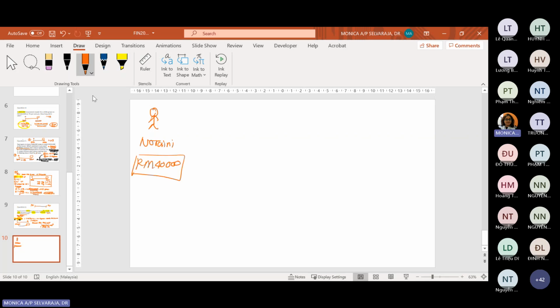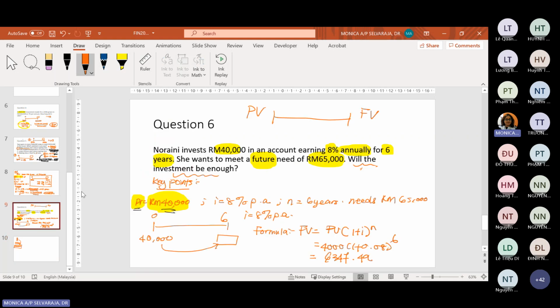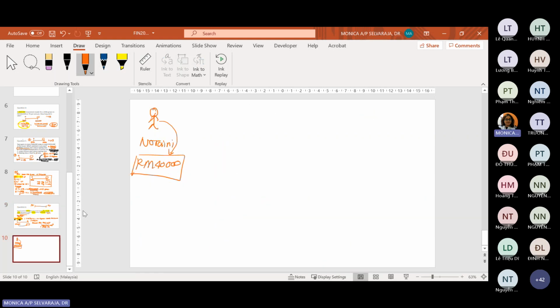This is in my hand. I'm holding this. And then I go to a bank. The bank says it can give me 8%. So I put my money into the bank for 6 years. So how much will I get from this in 6 years?